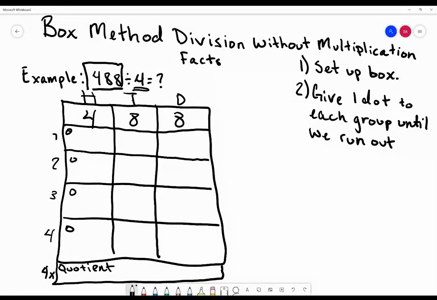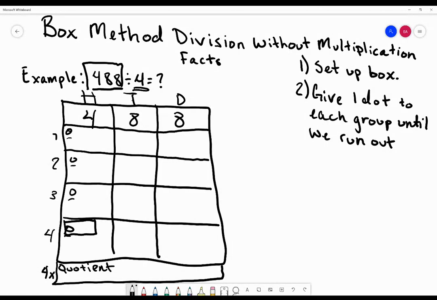And we see that each of the 4 groups has an equal number of dots. So we are going to box in this bottom group for when we start filling in our quotient section at the bottom. Next, we are going to move on to the tens place. In the tens place, we have 8 dots to give away.